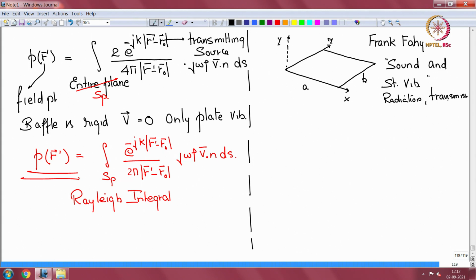I'm taking directly from this book, so you can find these derivations there.